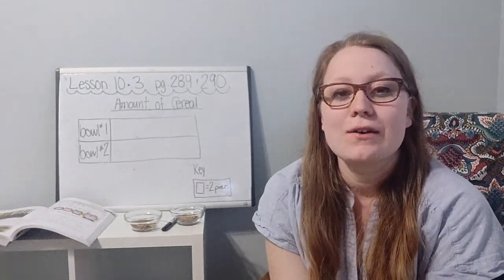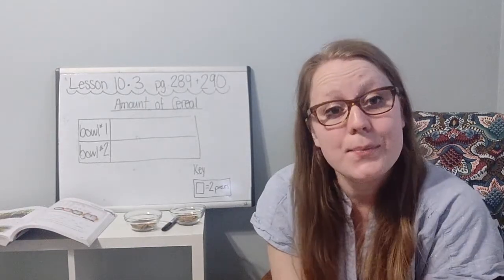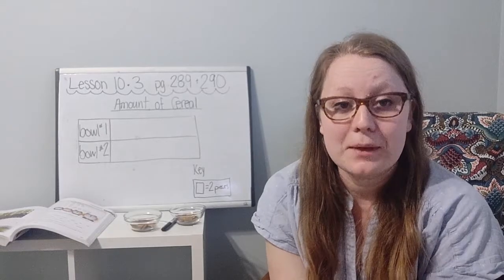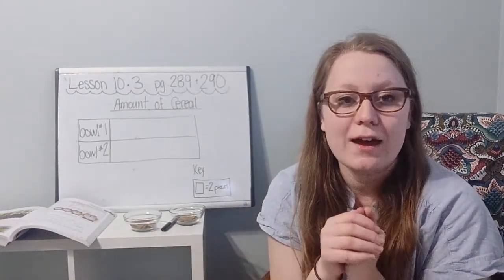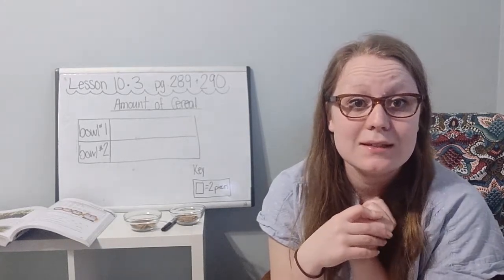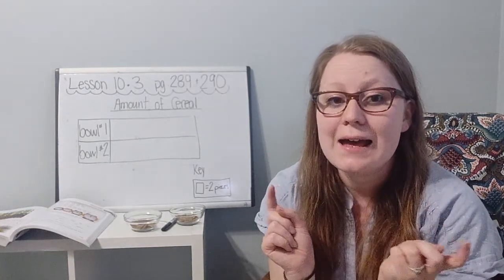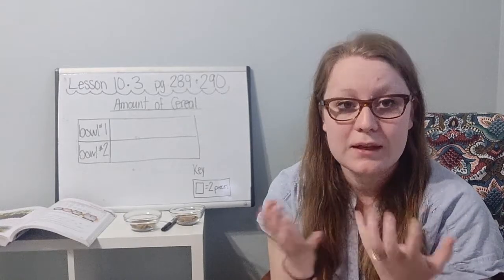Now, a pictograph uses pictures or symbols to help us show information. Now, the pictures on a graph can stand for different amounts sometimes. So the key is the next important part of our pictograph.